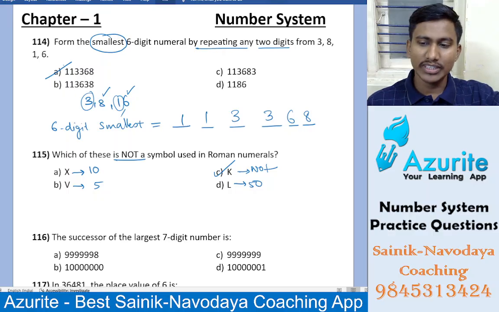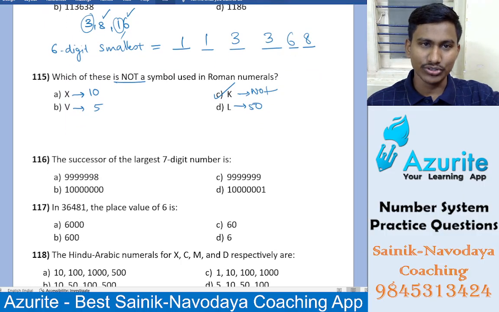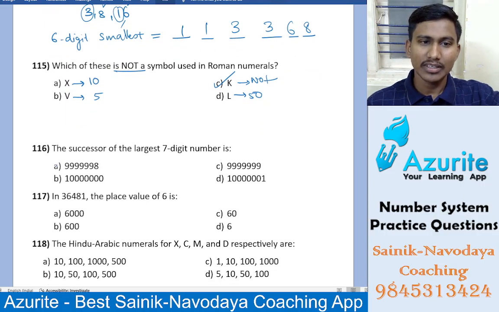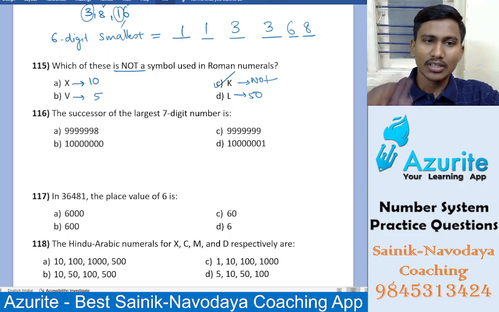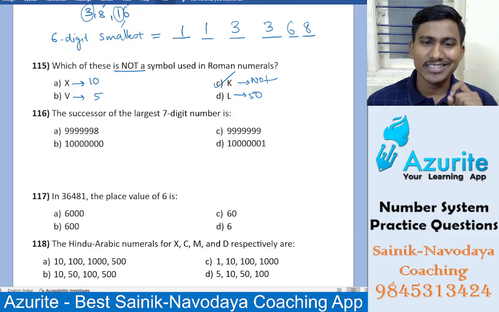Now let's go to the next, that is question 116. What is it? The successor of the largest 7 digit number. So what is the largest 7 digit number?